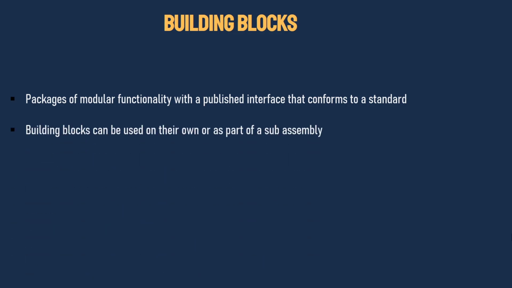Building blocks can be used on their own or as part of a sub-assembly. Building blocks typically evolve to exploit new technology as it becomes available. You can really create some very complex designs with a series of simple building blocks.